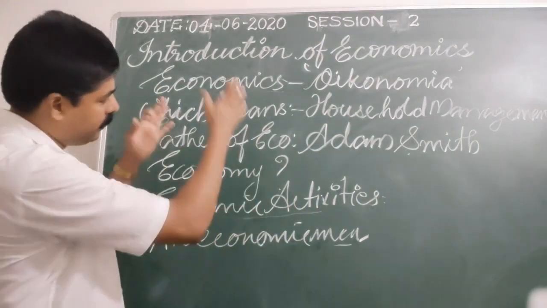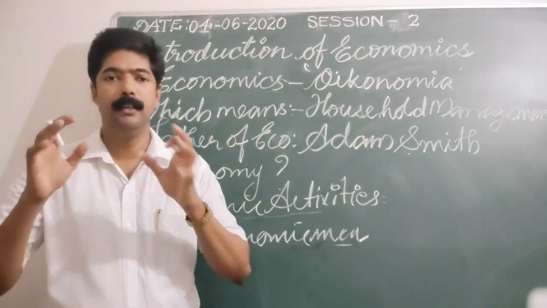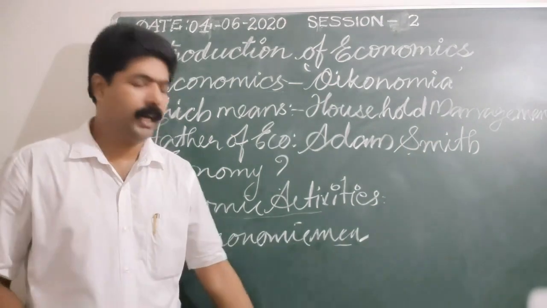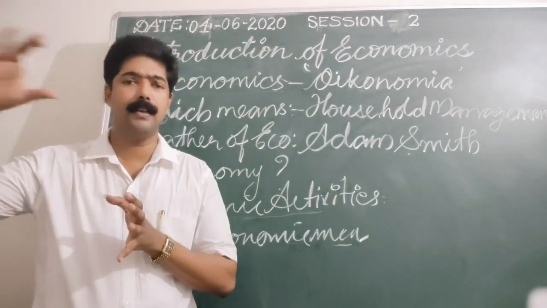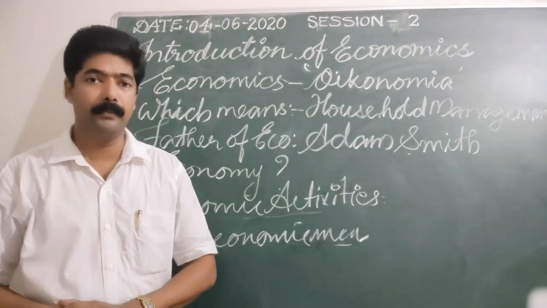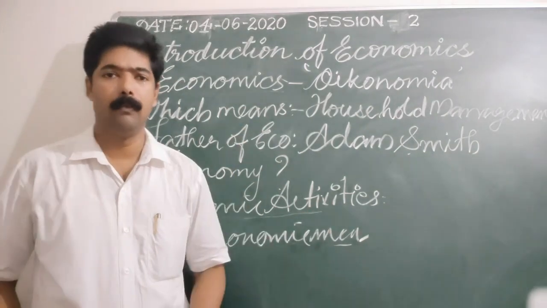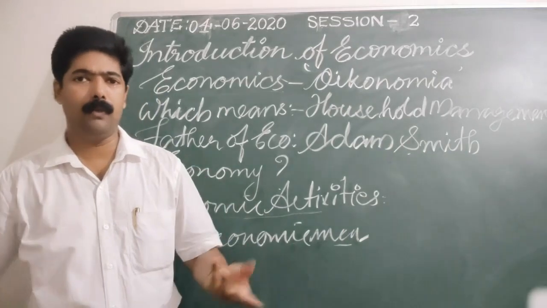Clear? Up to here I think you have got some idea. In the next class, as I have informed you, we will see some other concepts, some of the economic terms, like what is production, what is income, what is price, what is demand, what is supply.